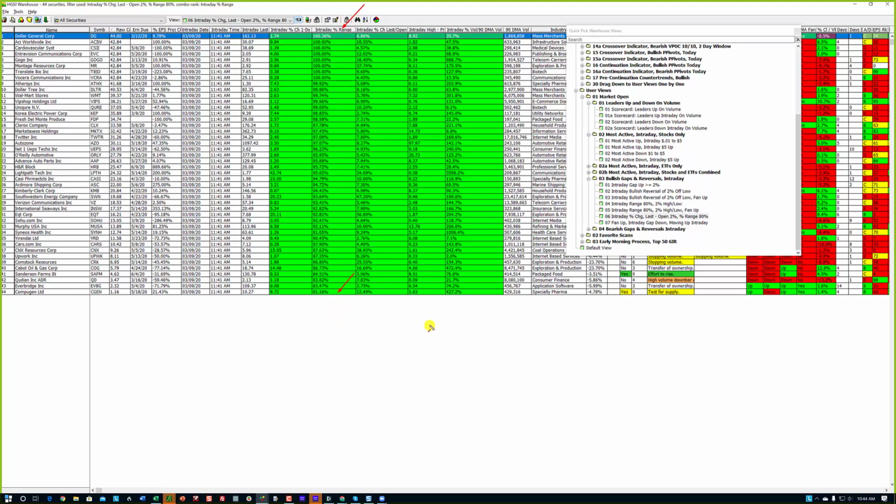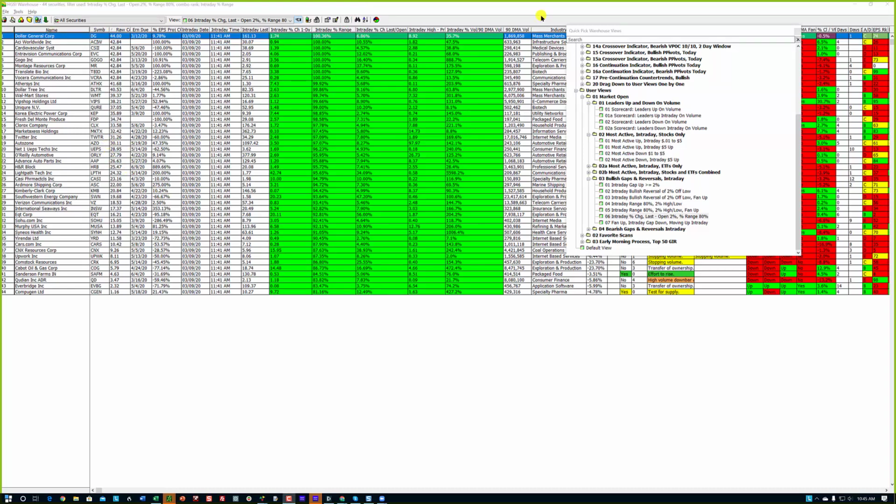The one at the bottom is 81.16%. And so on this dramatic down day, these stocks are showing a lot of strength based upon their intraday range. You can see the volume's really good on all of these too.